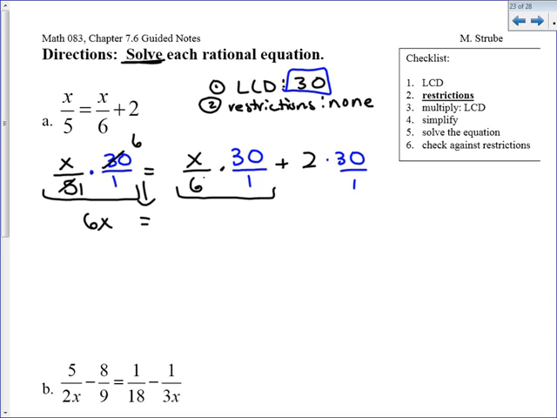The 6 and 30. So 6 goes into 6 one time, 6 into 30 5 times. So I'm left with x times 5 over 1, or just 5x. And then last, I have 2 times 30, 60.